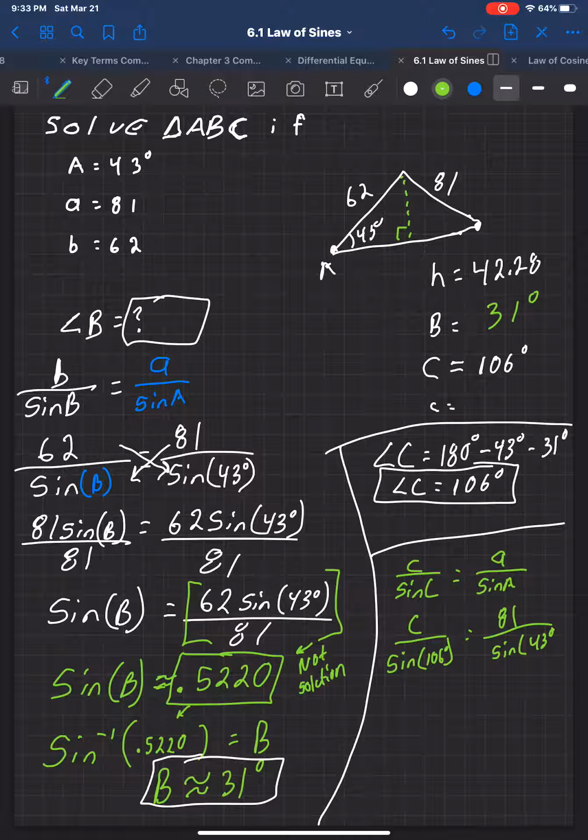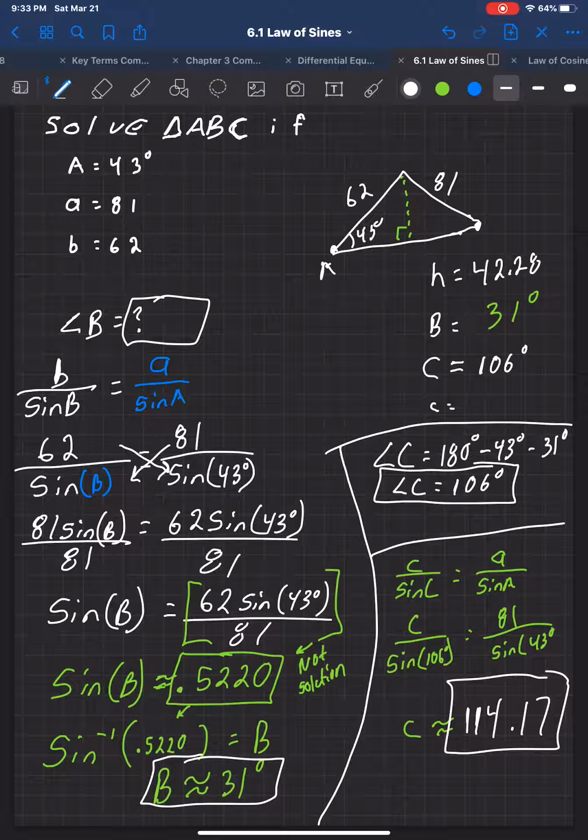If you solve for c, you get little c is roughly equal to 114.17. So little c is 114.17, and that's it. You have solved the triangle.